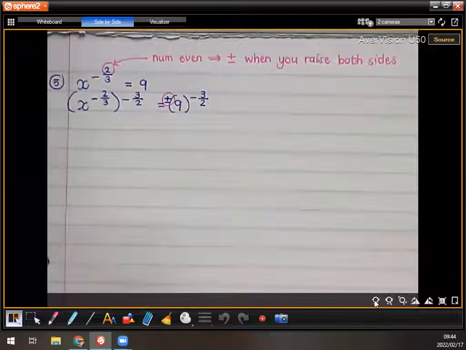Yeah, how easy it is to forget that. Okay, we must remember that. Sorry about that, guys. So as soon as you raise both sides to that power, then the plus minus needs to be there. You can't only add it at the end.